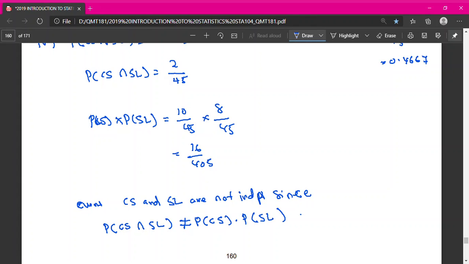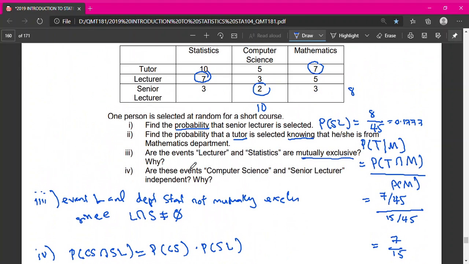Okay, not independent. Okay, so that is the way how you cater the questions of mutually exclusive, independent, dan juga how to find the conditional probability. Okay, that's simple.